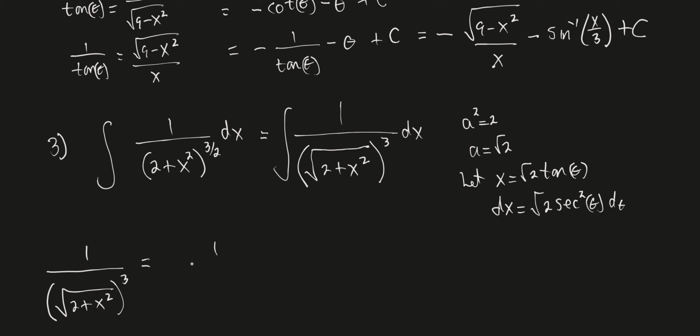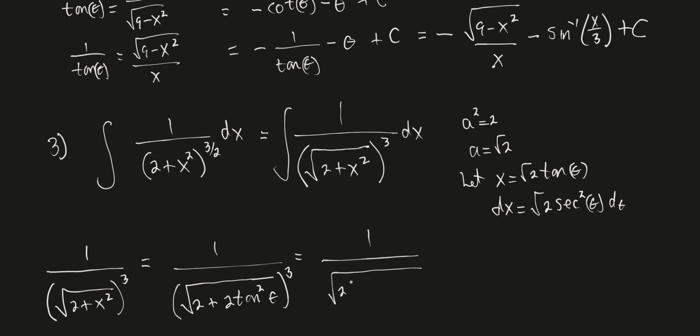So this is equal to 1 over the square root of 2 plus, when I square this, the root goes away and the tangent also gets squared, so it's 2 tangent squared theta, and then all of this is to the third power. So we have 1 over, now under the square root, we notice there is a common factor of 2.